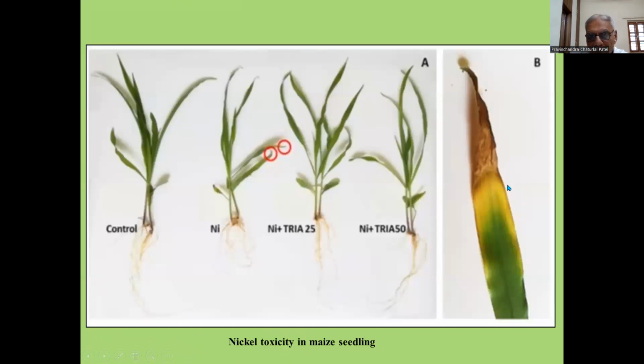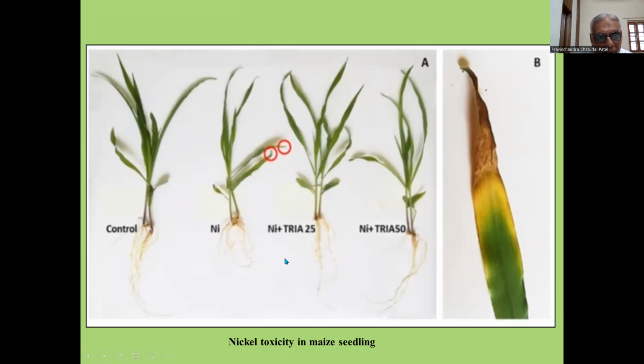Then nickel toxicity in maize seedlings. You can see here toxicity is also harmful, and therefore we have to carry out soil analysis, and as per the diagnosis of the nutrients, or knowing the initial nutrient status, we should apply the particular nutrient in the soil. Suppose you have not carried out soil analysis for nickel, and your soil has nickel toxicity or high nickel, then you can see the growth of the maize seedling has declined.